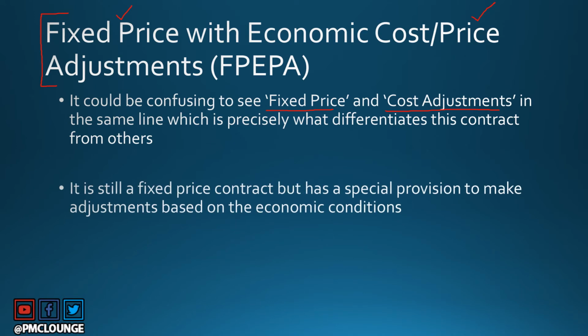It is still a fixed price contract. Don't get confused there. But it has a special provision to make price adjustments based on the economic conditions. When we go over an example of this contract, you will get a better understanding of what these economic conditions could be, which lead to adjustments in the price in a fixed price contract.